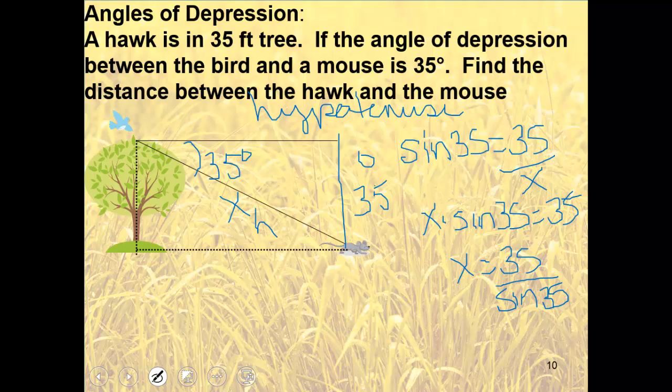Divided by sine of 35, and I get that the hawk is actually 61 feet away.